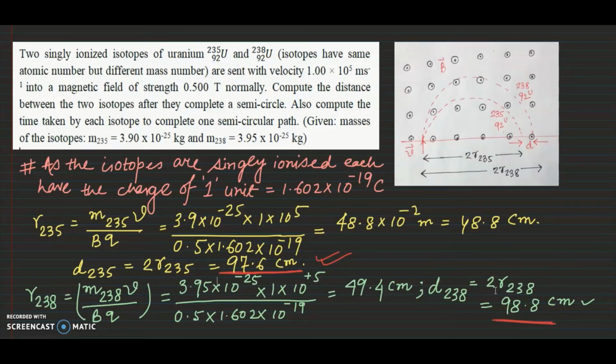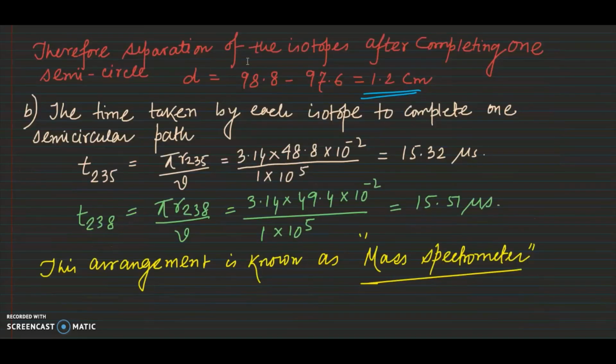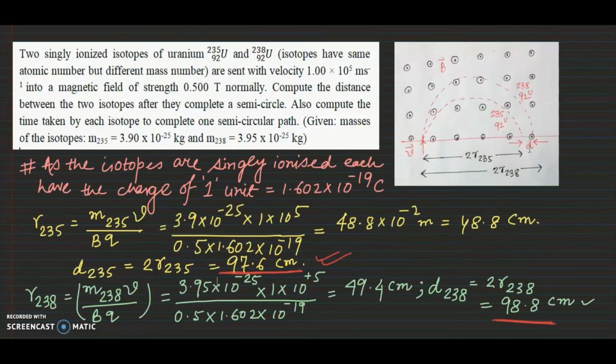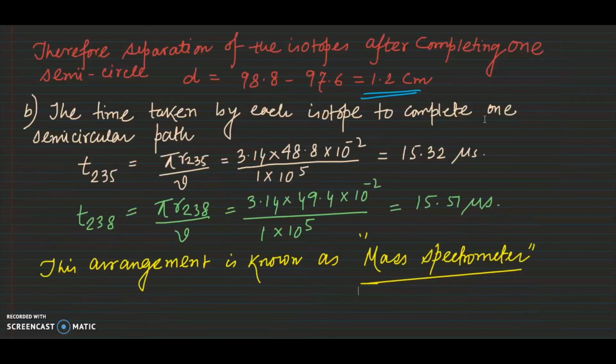Similarly, the diameter will be 2 times R238, that is 98.8 centimeter. Now the separation of the isotopes after completing one semicircle: one isotope will reach here and the 238U92 will reach here. I need to calculate the distance between them, that is the distance D, indicated here. So D will be 98.8 minus 97.6, that is 1.2 centimeter.